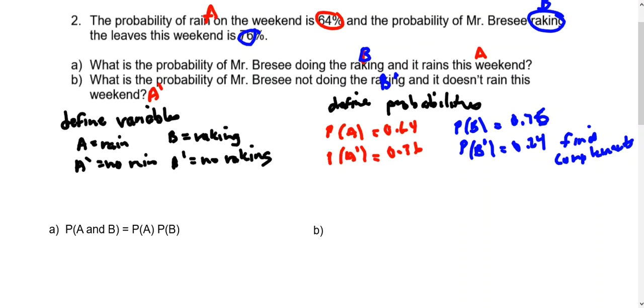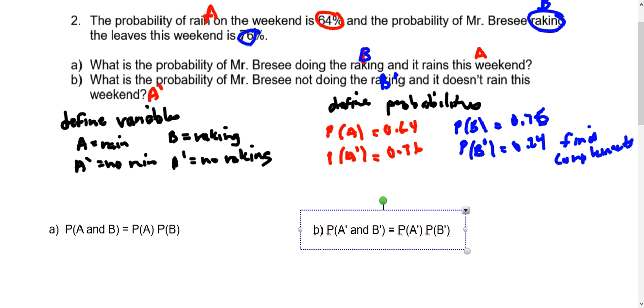All right, so I can go back, and for part B, I can say the probability of A prime and B prime. All right, so each of the letters are going to be prime because in the original sentence, they're primed as well.